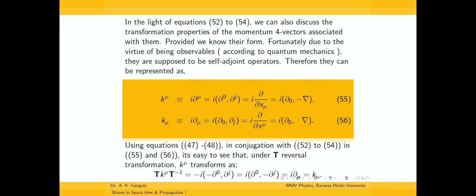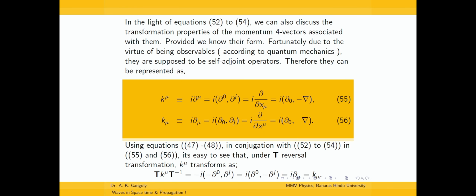And this particular object is equivalent to a covariant derivative. So, the contravariant k wave vector under time reversal transformation is equivalent to a covariant wave vector, and that's it. This fixes the time reversal transformation of the wave vector.